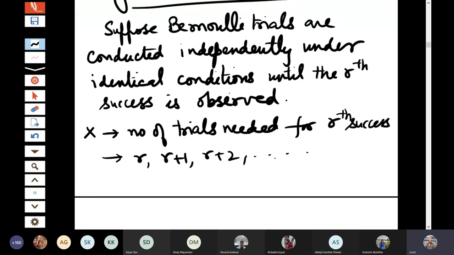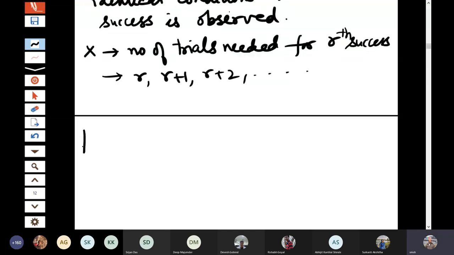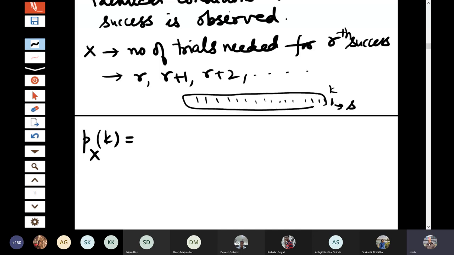How do we calculate the probability mass function of this, that is, what is the probability that x equals k? You can just look at this. Suppose these are the trials here. If this is the kth one, then the last one should be a success. Before that, in k minus 1 trials, I should have r minus 1 successes. That is why, if the last one becomes a success, then this will become the rth success.